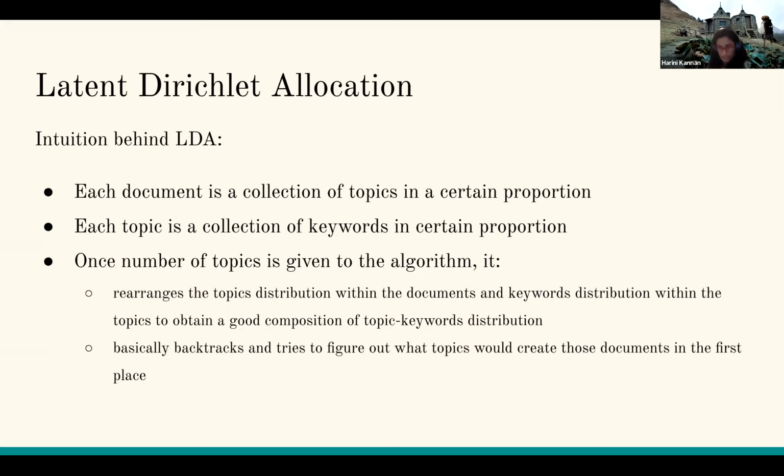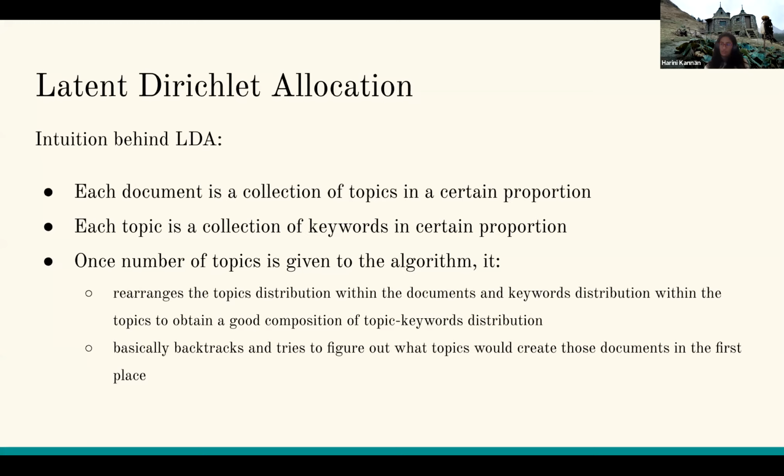But to understand the general intuition behind LDA, each document is considered as a collection of topics in a certain proportion. And each topic is a collection of keywords in a certain proportion. So basically, you want to find the dominant topic in each document, and the dominant keywords in each topic. That's the goal of this, right?